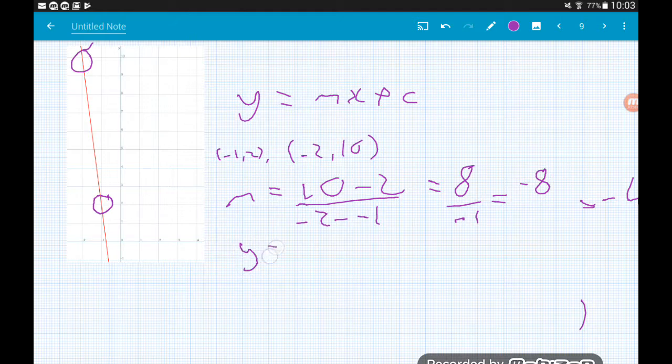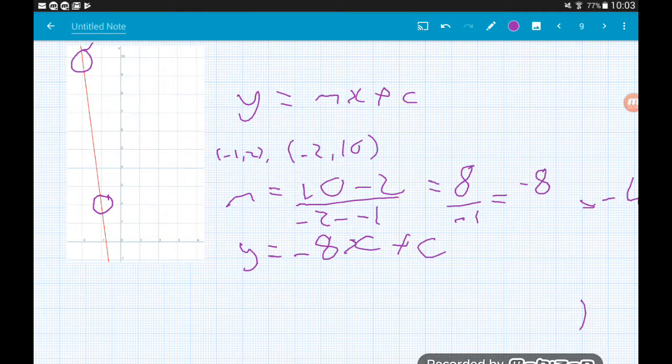So we can fill in the gradient now of our line, y equals minus 8x add c. So now we need to find the value of c. To do that, we use one of our pairs of coordinates, either minus 1, 2 or minus 2, 10. I would always use the smaller of the two. So here I'm going to use minus 1, 2.